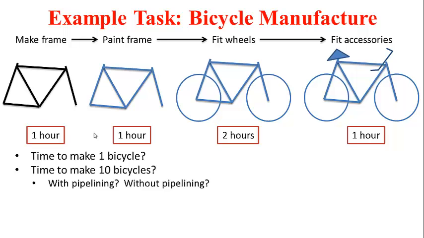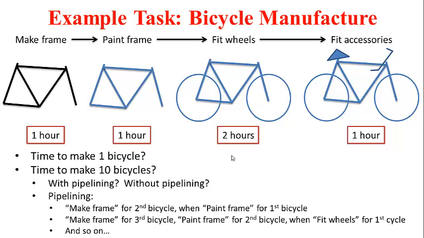In this case, we are going to assume that there is a separate human or a separate machine for each of these steps. So for making the frame, there is a separate machine, and for painting the frame, there is a separate machine or human, and for fitting the wheels, there is a separate unit, and for fitting accessories, there's a separate unit. So these 4 units can potentially be operated in parallel in a pipeline fashion. In this scenario, how much time is it going to take?